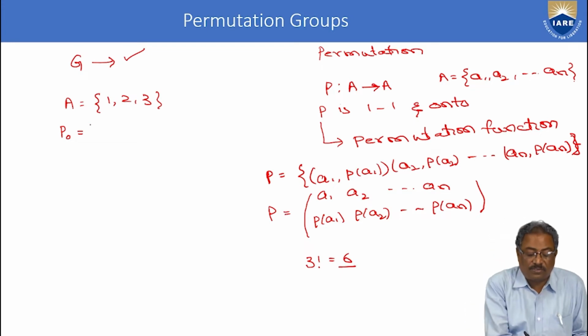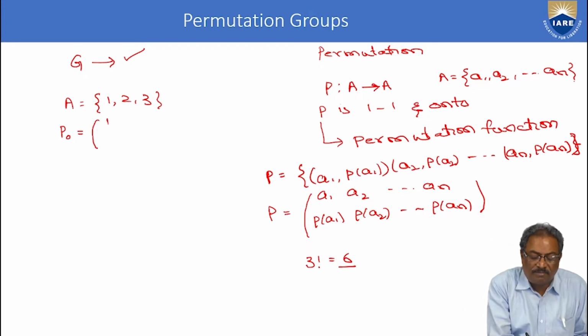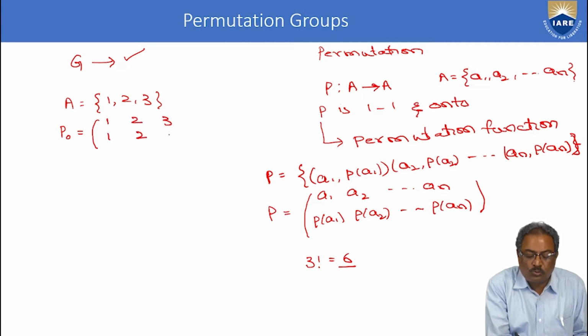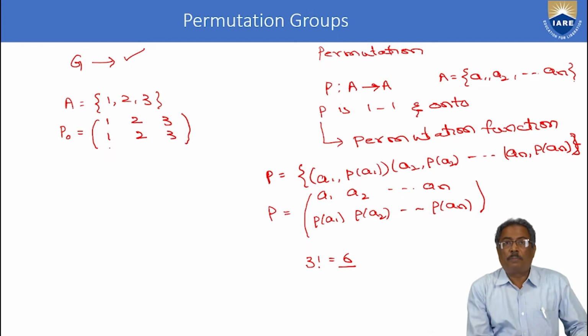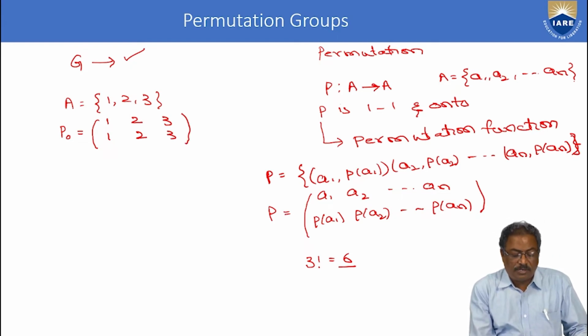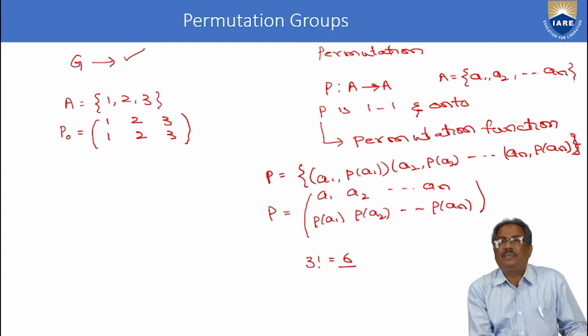What are those 6 functions? We represent the first as 1, 2, 3 over 1, 2, 3. So 1 is mapped to 1, 2 is mapped to 2, 3 is mapped to 3. This is nothing but the identity function.